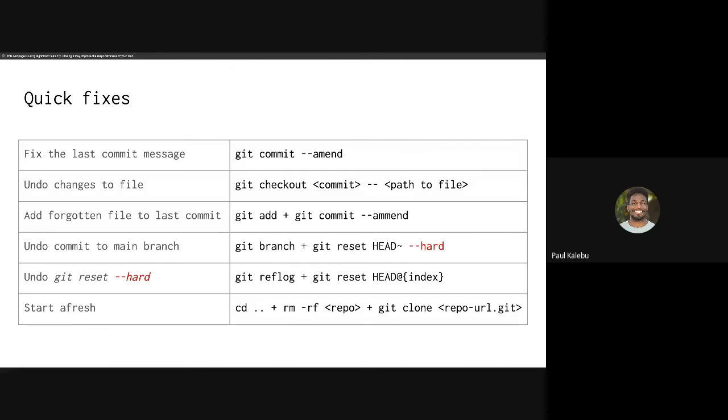Yeah, and then this is just some quick fixes for common Git errors and mistakes. I won't get into many of them in the best interest of time, but one that I've had to deal with in the past: I called git reset hard by accident, just from my terminal suggestions, and got rid of a lot of work I had.